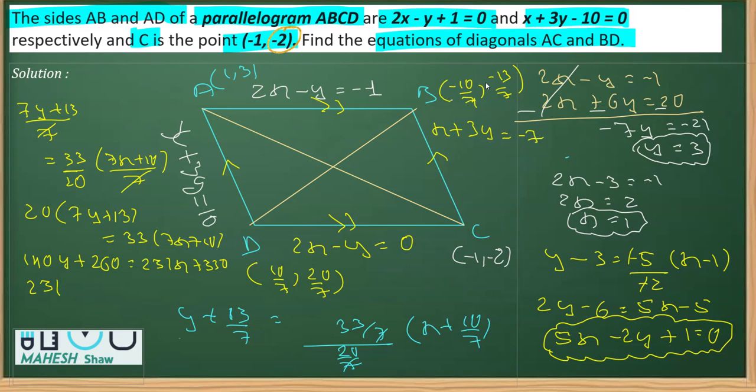Transposing this to the other side, it is 231x minus 140y plus 70 equal to 0. You can see it's divisible by 7, so we'll take 7 common. Dividing by 7, we get 33x minus 20y plus 10 equal to 0. It was a bit big, but we got it. This would be the equation for the other diagonal, that is AC.